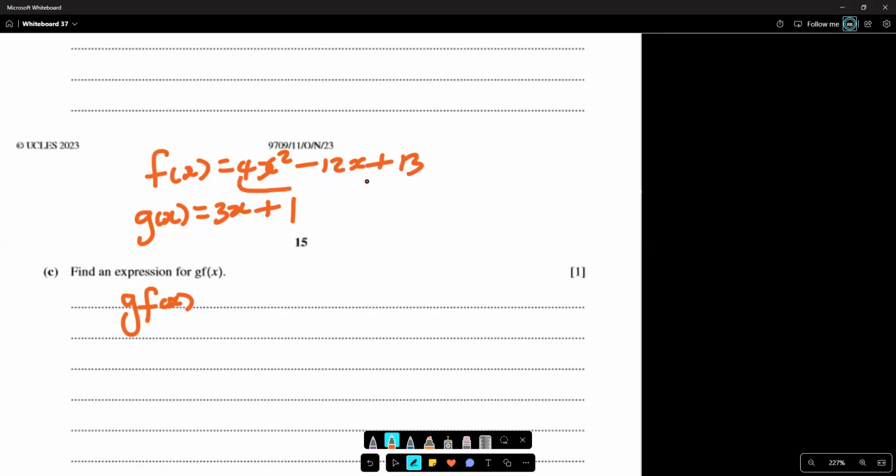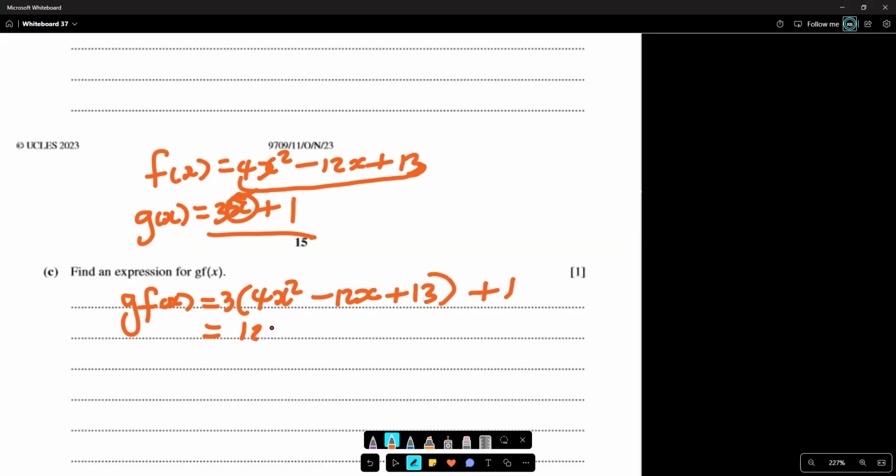So basically we take this, it becomes our x, we put it there. So this will be 4x squared minus 12x plus 13, then there's plus 1 there. So you basically write this, but this you replace with that.